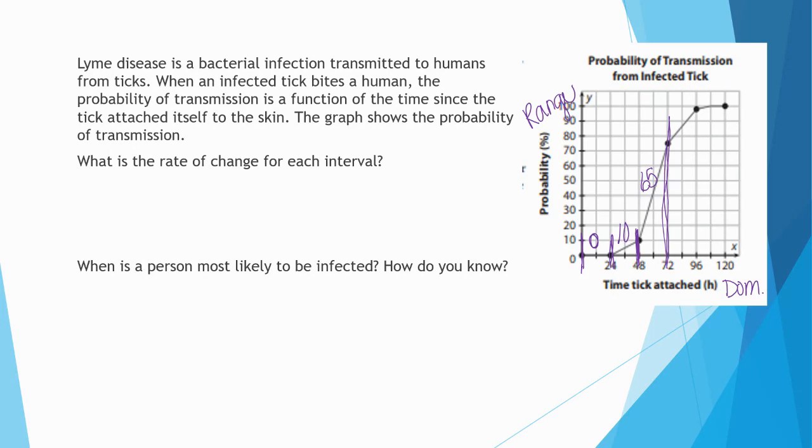The fourth day isn't quite as drastic, but you are jumping from 75% up to, and not quite 100, let's call that like 98%. So 75 to 98% would be like 23% change. And then, of course, on the fourth day to the fifth day and probably on, you're about 100% likely. So that jumps about 2% there.